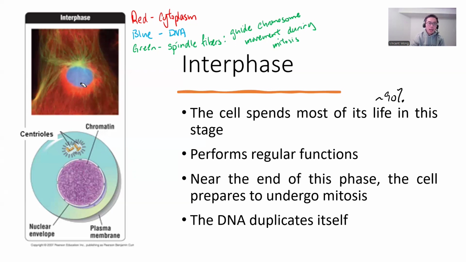So if you focus on the DNA portion right now, do you see the DNA? Not really, right? I don't really see anything here, which is expected because at this point, the genetic material exists in the form of chromatin.